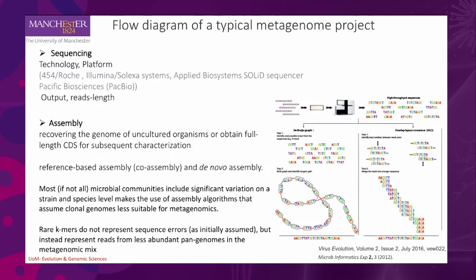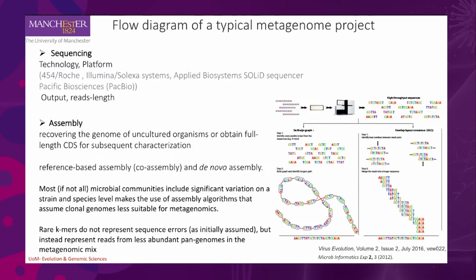Two tips here that the user needs to take into account. First, most, if not all, microbial communities include significant variation at a strain and species level, which makes the use of assembly algorithms that assume clonal genomes less suitable for metagenomics. In this case, the assembly algorithms might not be able to discriminate between very similar genomes, and they will assemble them into a higher-order taxonomy level.